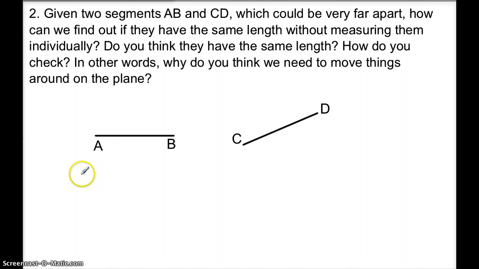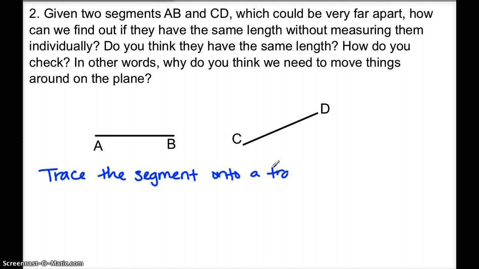So all you would have to do is trace the segment onto a transparency. And again, you could think of that as just a regular piece of paper also. And once we have it traced, we would slide it so it lines up with the other segment.